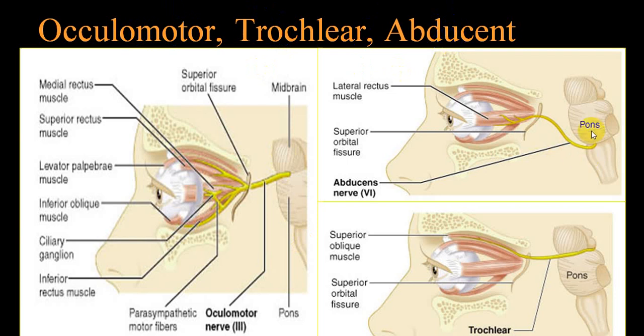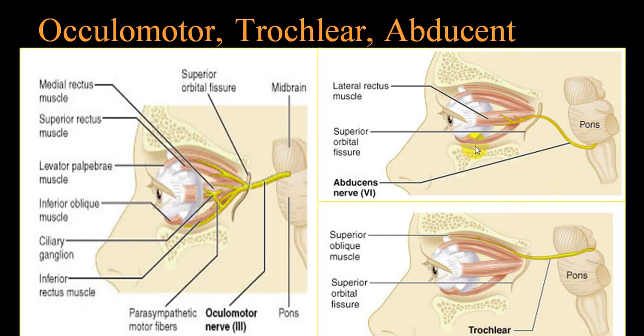All of them come out from what we call the brainstem. Three and four come out from the upper part of the brainstem, which we call the midbrain, and the sixth cranial nerve, the abducens nerve, will come out from the lower part of the pons.